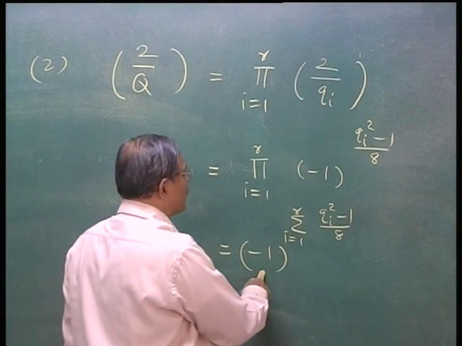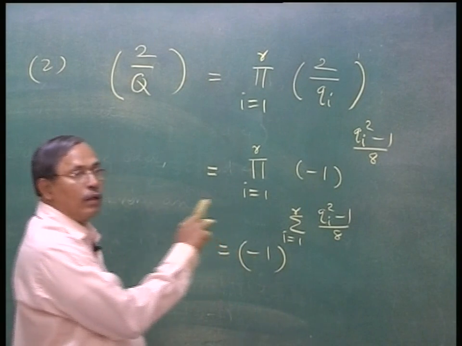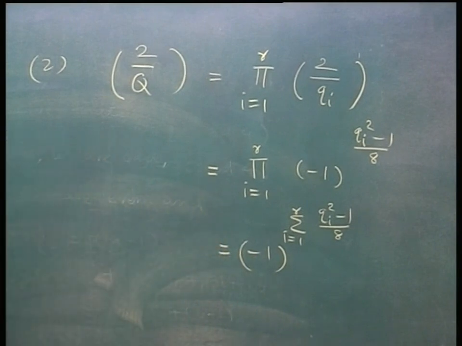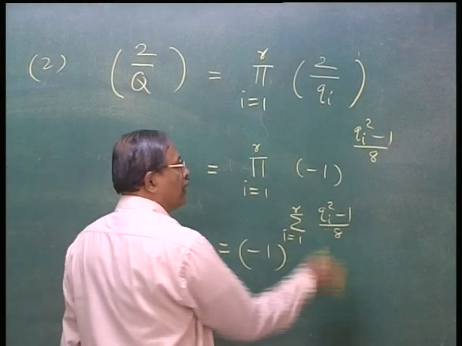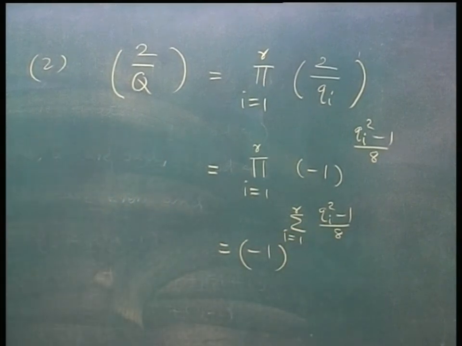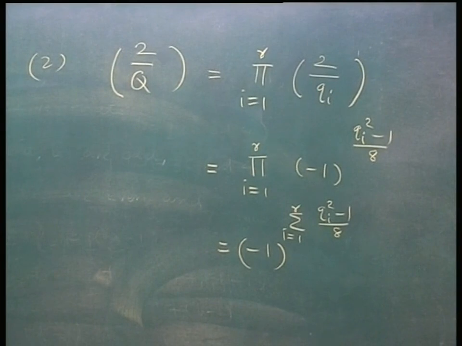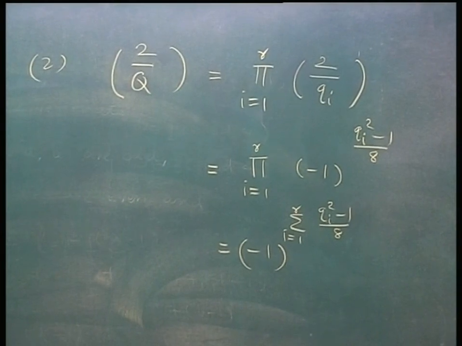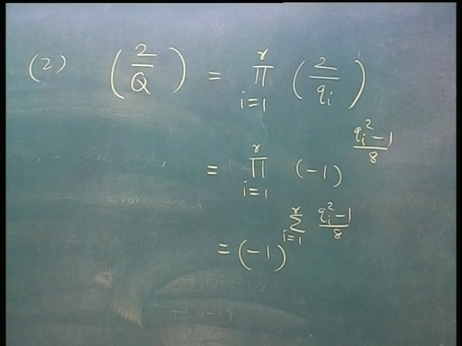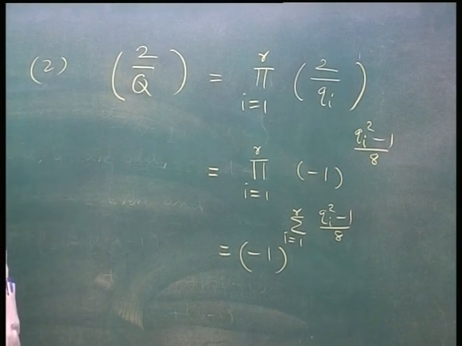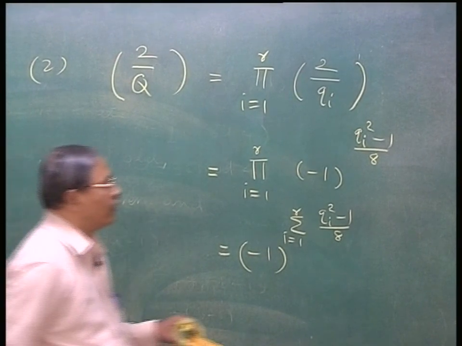It should be equal to minus 1 raised to (capital Q square minus 1)/8. Means this quantity and (capital Q square minus 1)/8 should be congruent to each other mod 2. This is the requirement. But that you can show in a similar manner, so let me do that.